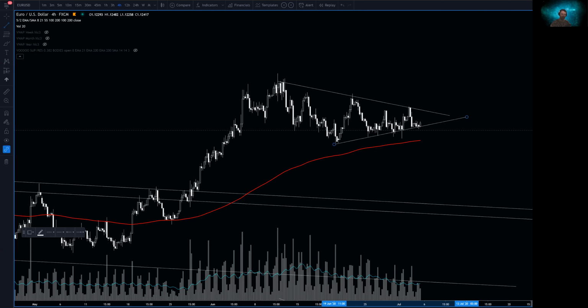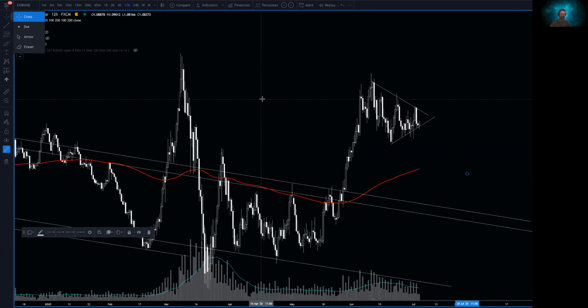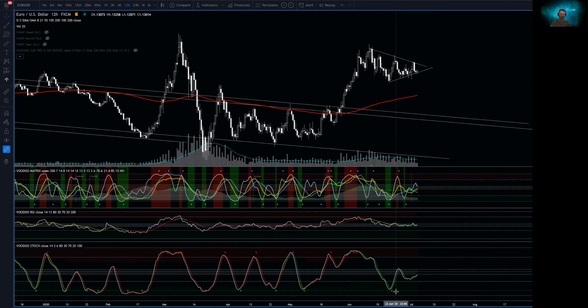But the strategy itself and the approach overall to the market is to just work on the signals given by your edge, and don't think about what it will do. And if you know for sure, I don't know for sure, I don't have statistics about it, but let's say the 12-hour time frame stochastics, whenever they cross in the critical zone and start sloping to the upside, are giving a strong buy signal.